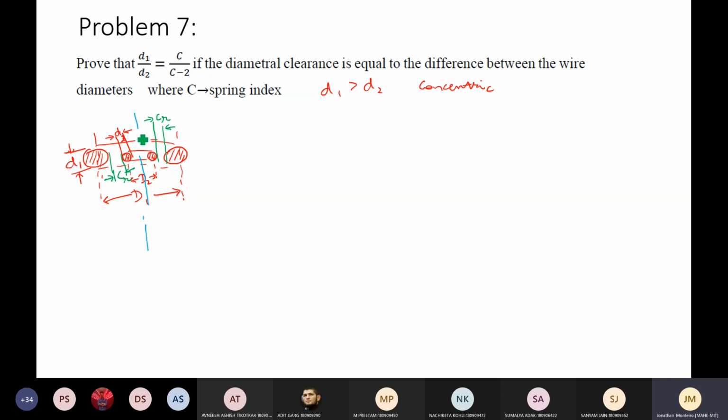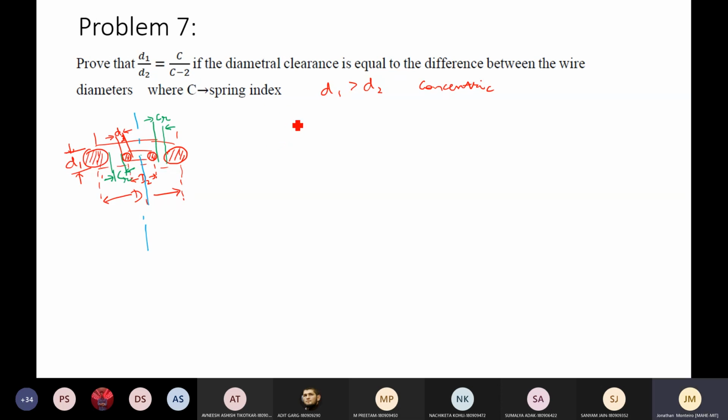Why radial clearance? Because I'm taking one side, that is through the radius from here to here. Now, looking at this arrangement, can you write an equation for this? A very simple equation you can write. And let us try to prove what is asked here, c by c minus 2.